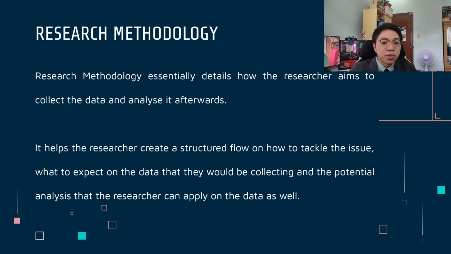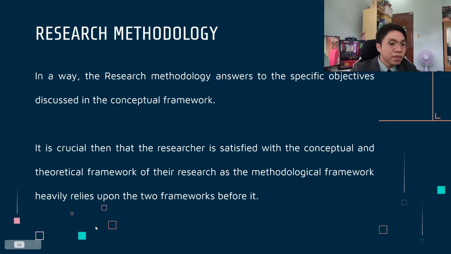This is where you would also apply some potential analysis so that the researcher can apply it on the data as well. So in a way, the research methodology answers the specific objectives discussed in the conceptual framework. It is quite crucial that at this stage, the researcher is satisfied with both the conceptual and theoretical framework.